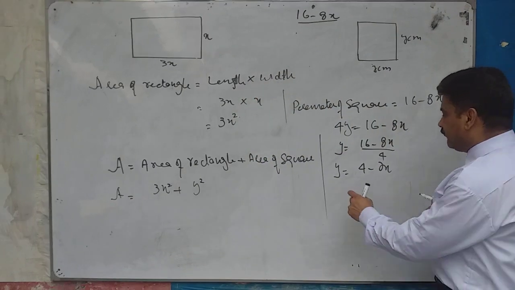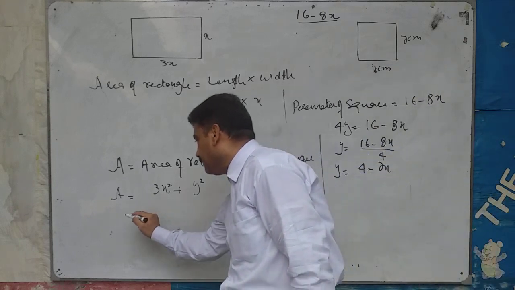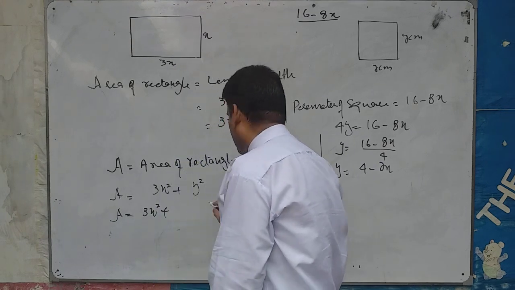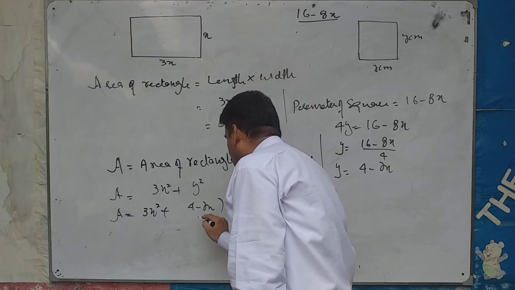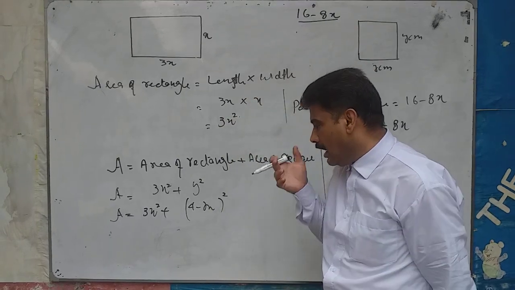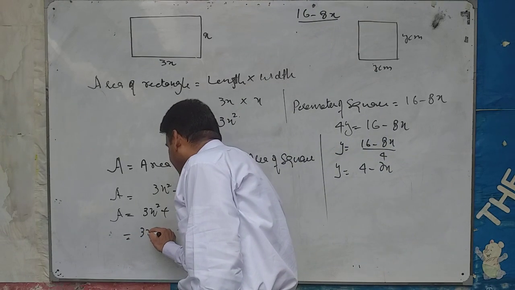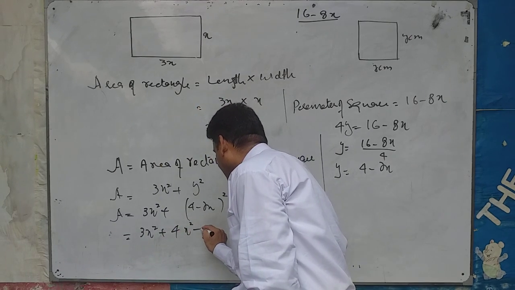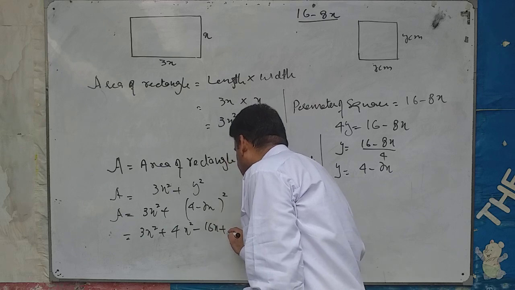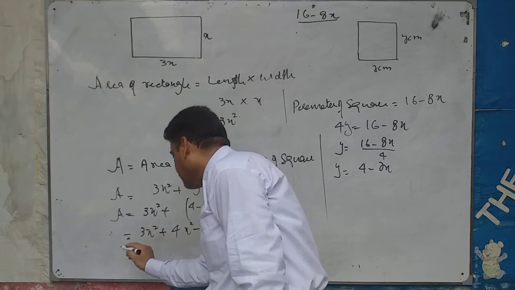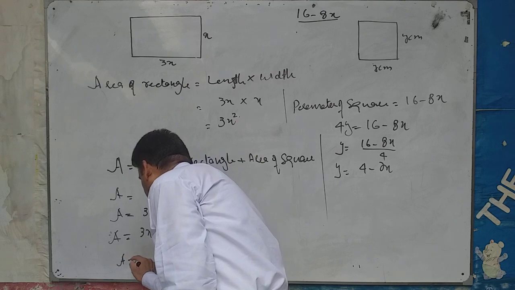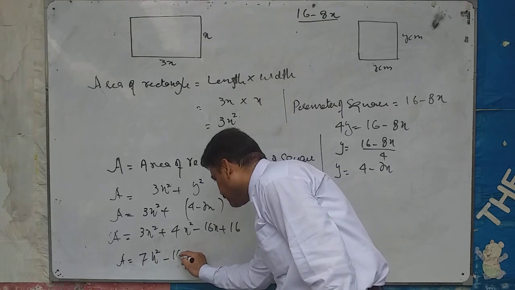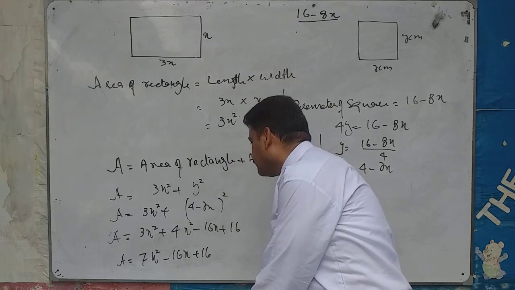But we have calculated y is equal to 4 minus 2x. Capital A will be equal to 3x square plus (4 minus 2x) whole square. After expanding the square, we get 3x square plus 4x square minus 16x plus 16. We get capital A is equal to 7x square minus 16x plus 16.